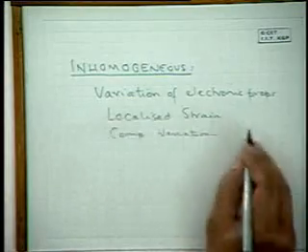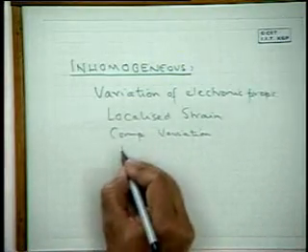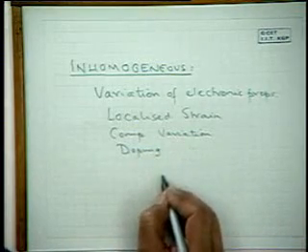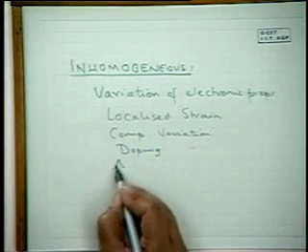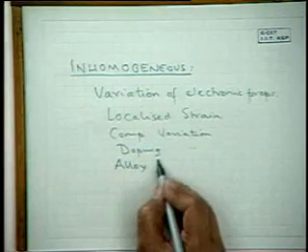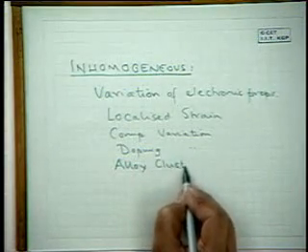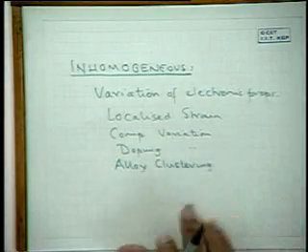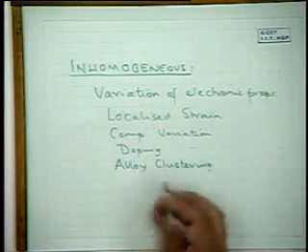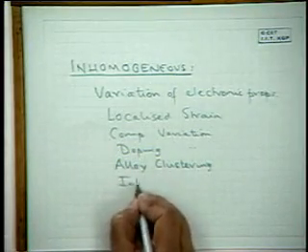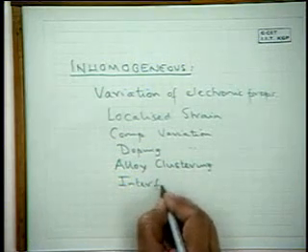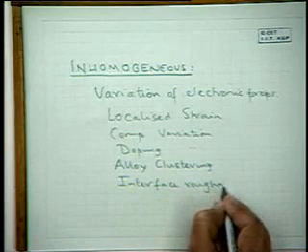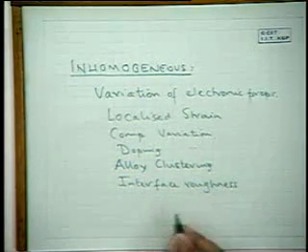Or if there is doping concentration variation. Or, one of the most important things, alloy clustering: the gallium aluminum distribution is not uniform. And of course there are things like interface roughness, especially in quantum wells. So all these give rise to broadening.